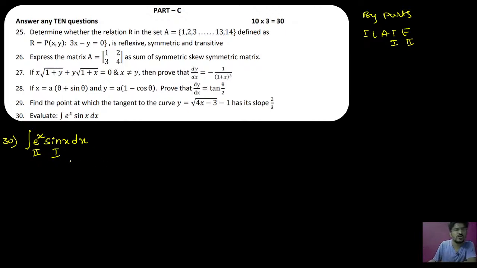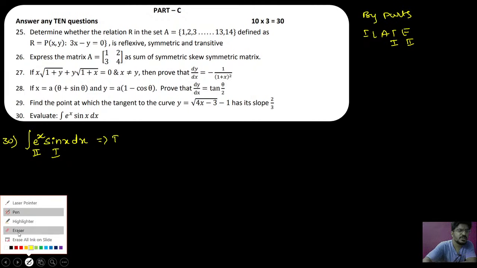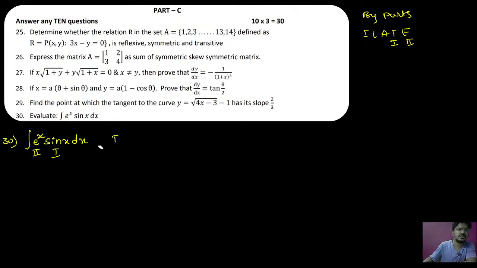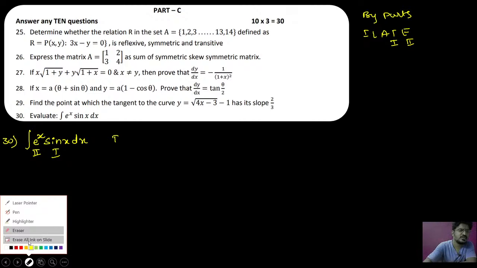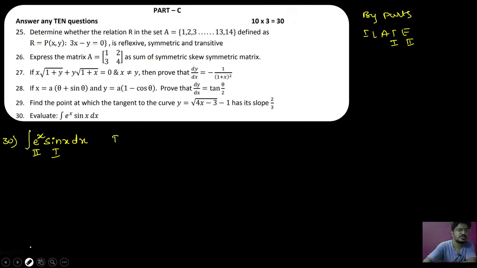You have to write it as I. So I will take this as equal to I and simplify it. On this I also discussed one shortcut method. If you know it you can use it, but in the theory exam don't use shortcuts. Sometimes there are chances of not getting the marks.